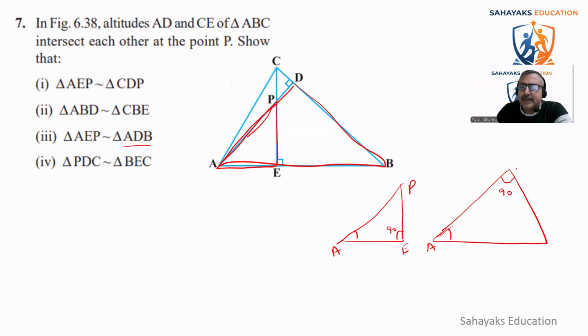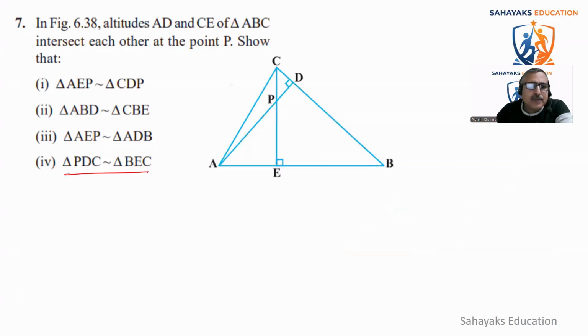A, D, B. So we know that AEP is similar to ADB by AA similarity. Two angles are the same: the angle A is the same and the 90 degree angle is also the same. So this is similar by AA similarity.